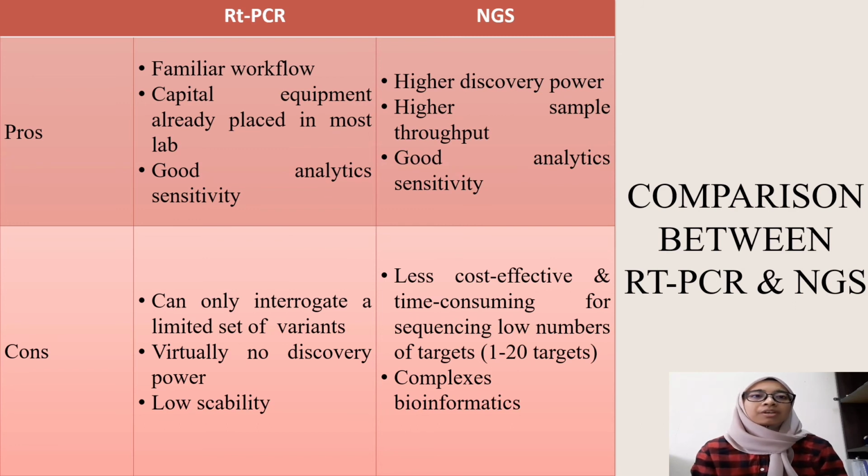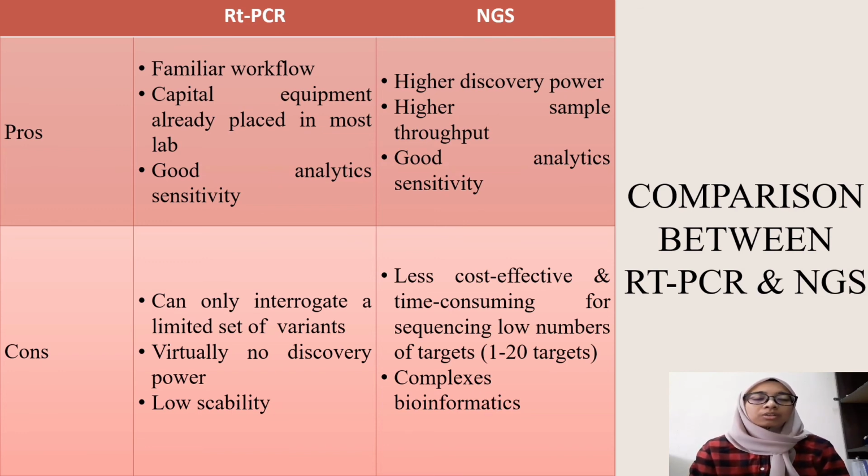So I will continue with the comparison between RT-PCR and NGS. For the pros of RT-PCR, it has a familiar workflow, capital equipment that is already placed in most labs, and good analytic sensitivity. While for NGS, it has higher discovery power, higher sample throughput, and good analytic sensitivity.